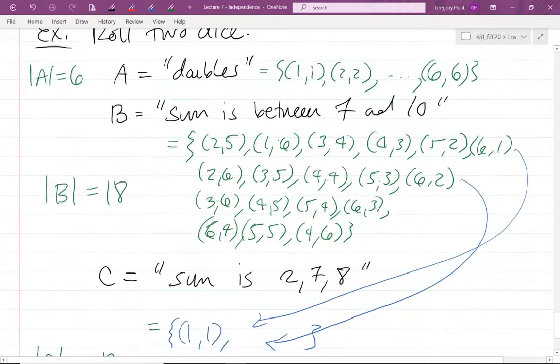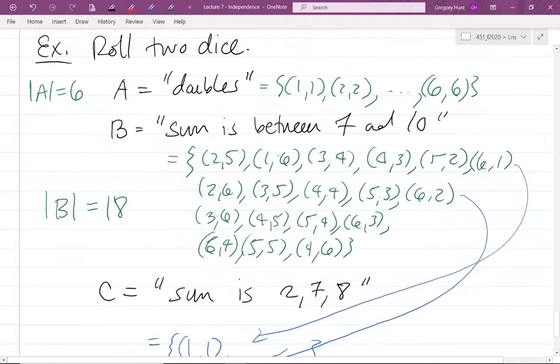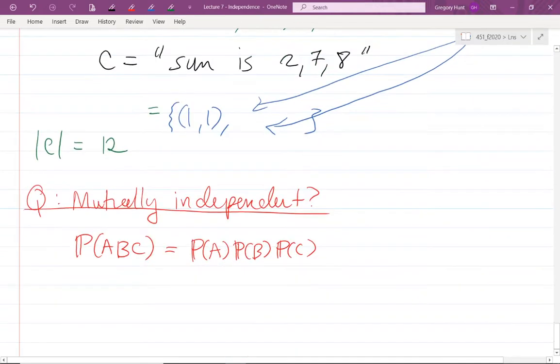A intersect B intersect C. What's in all of them? 1? Nope, 1's not in all of them. So let's think: it has to be a double, the sum has to be between 7 and 10, and the sum has to be 2, 7, or 8. I think that leaves 4,4. So I think A intersect B intersect C is just the double 4,4.